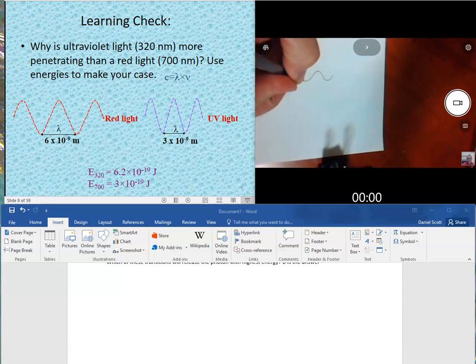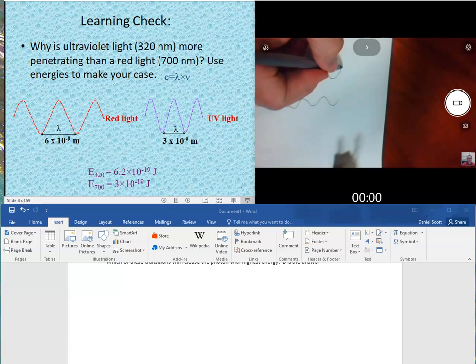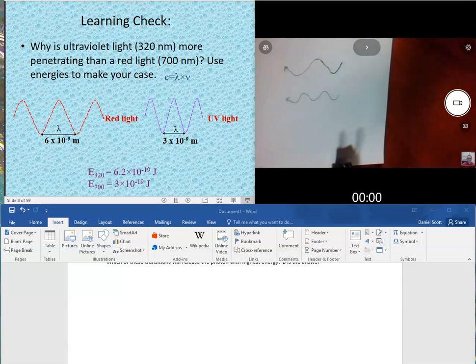Okay, so I don't know if this will answer the question, but here are 2 photons of energy, right? It's not a very good drawing there, but one has a longer wavelength than the other, right?